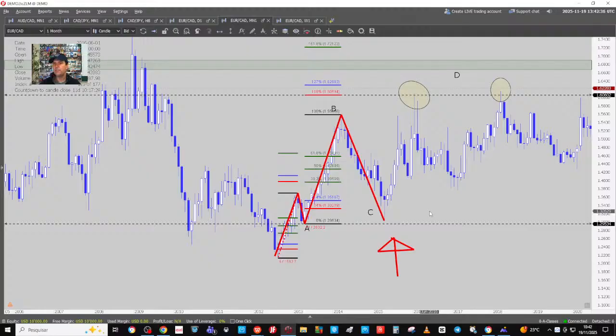Which one is the D, everybody? Is the first circle the D? The D is the appropriate extension or reference to the C retracement.